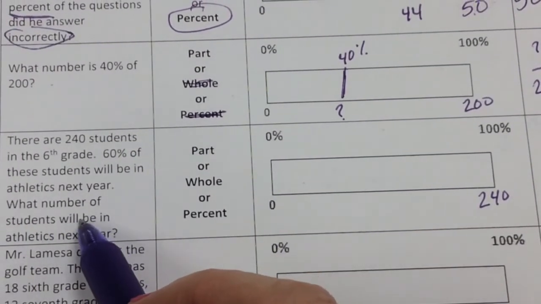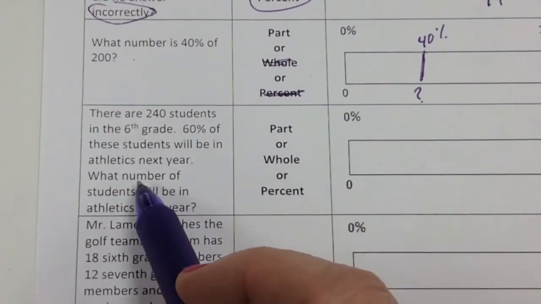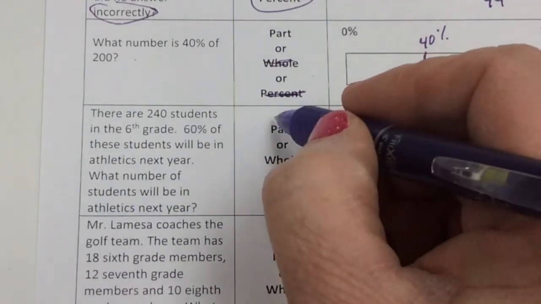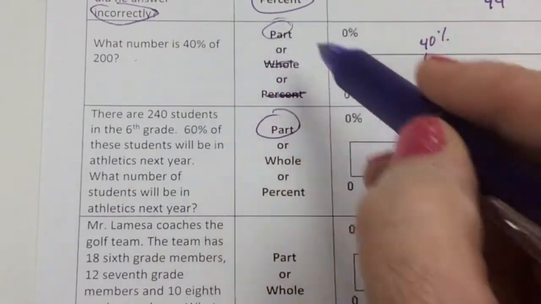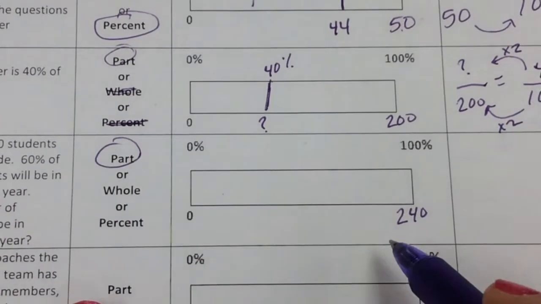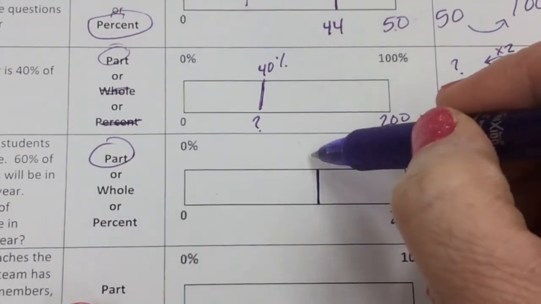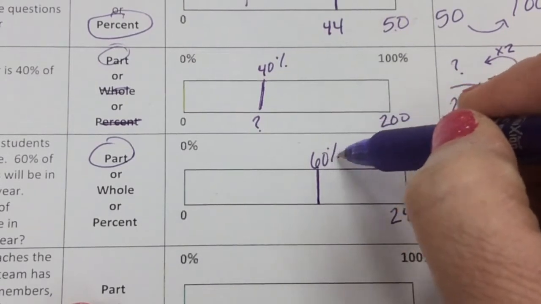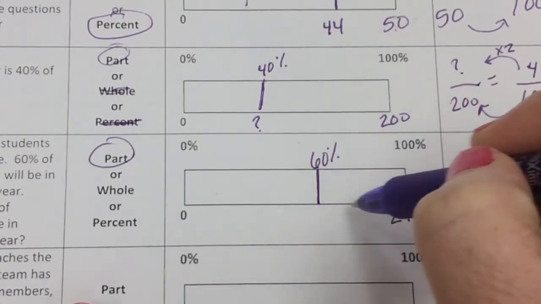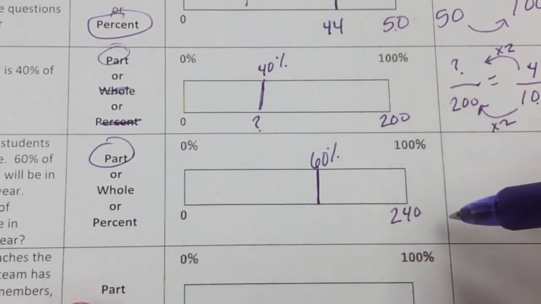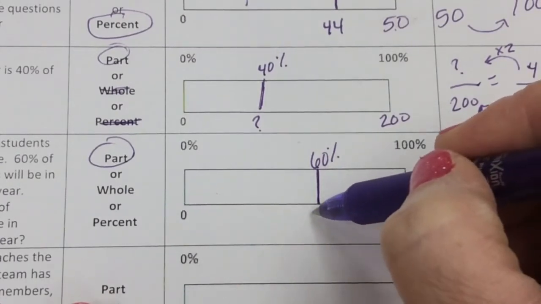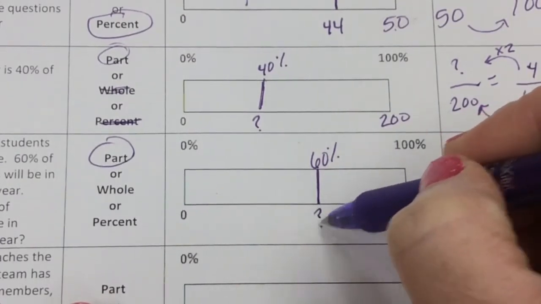We want to know what number, what part of those students are going to be in athletics. We want to know the part. So 60% would be a little bit over a half here. If I think about it, 50% of 240, so that's half of 240, would be 120. We're going to be a little bit more than 120.